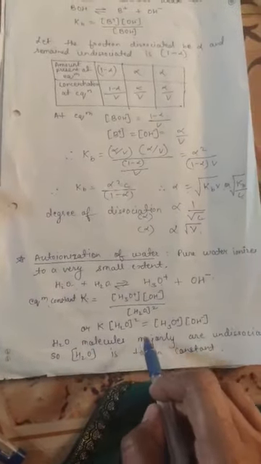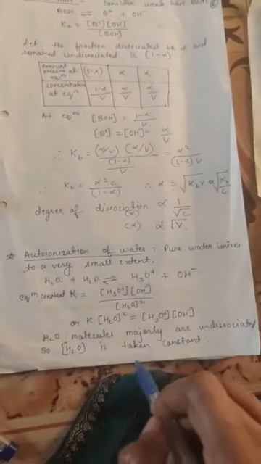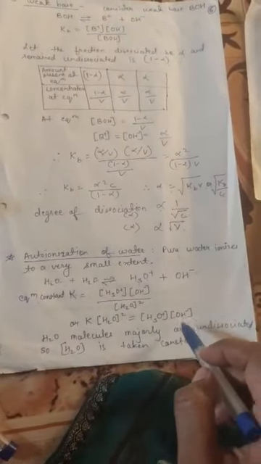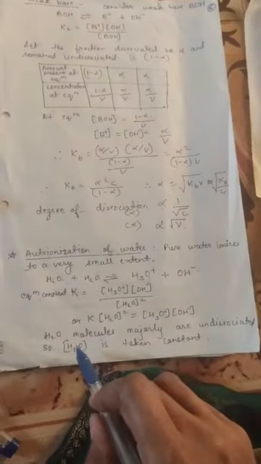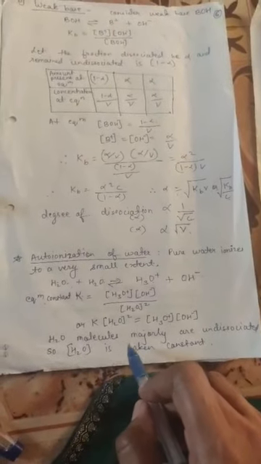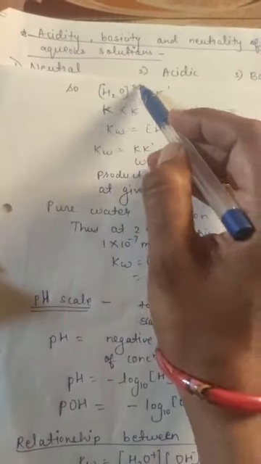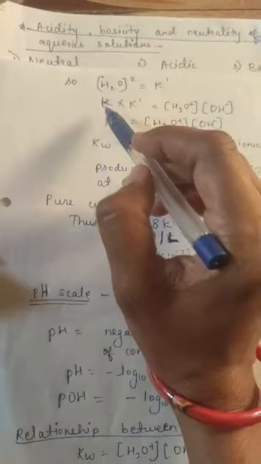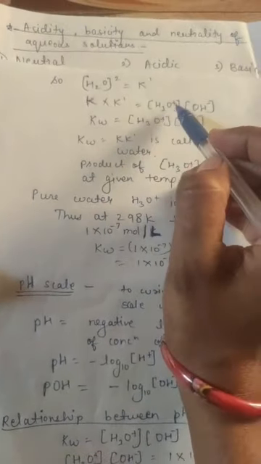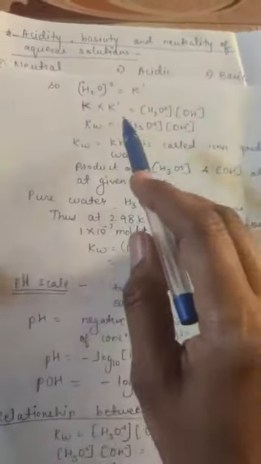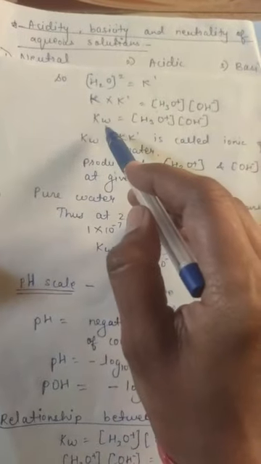Now water molecules are majorly undissociated, because they do not dissociate completely. So the H2O concentration can be taken as constant throughout. If we take H2O squared as K dash, then K into K dash equals H3O plus into OH minus ions. This K into K dash is equal to Kw.